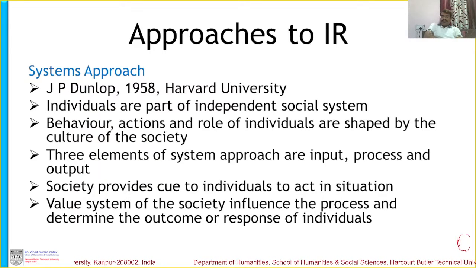And the value system of the society influences the process and determines the outcome or response of the individual. So you can understand that an individual is a social element, and you have to deal with the individual as a social element, and this social element is a part of the system.